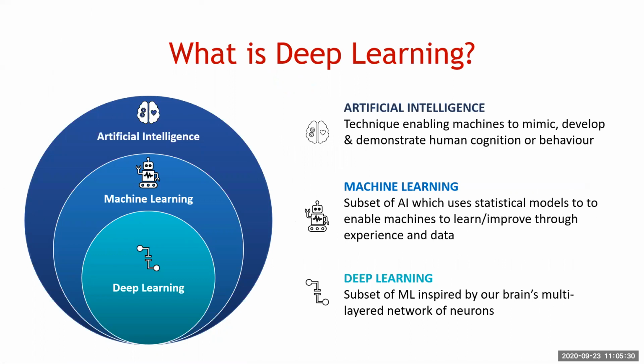So artificial intelligence can be seen to be anything that basically enables machines to mimic or demonstrate human behavior. A good example of this is your smart home devices like Alexa or Google Home, Nest. That's AI, so to speak.